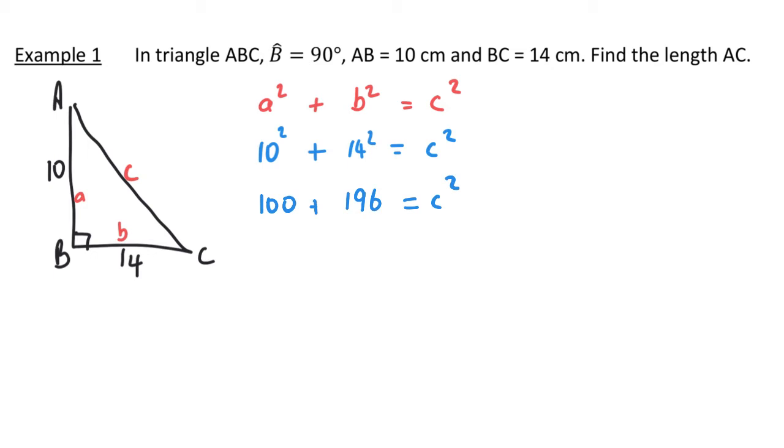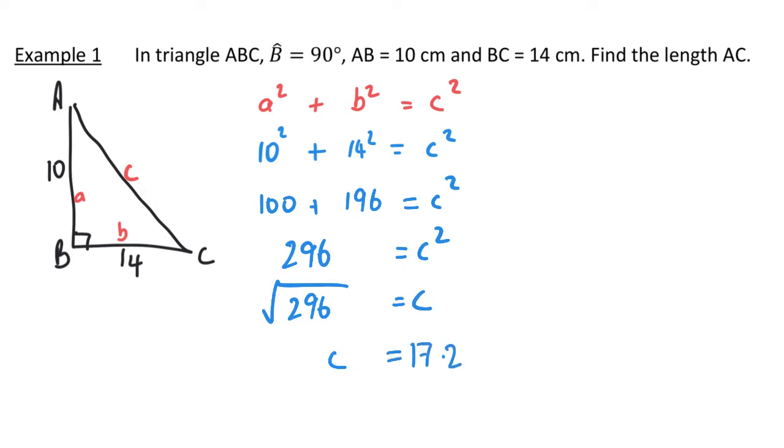Adding 100 and 196, we get 296 is C squared. Then to find C, we have to do the square root of 296. So C will work out to be 17.20 centimeters to 2 decimal places.